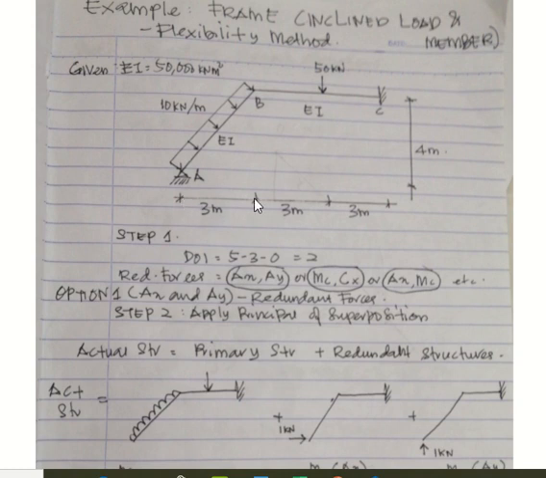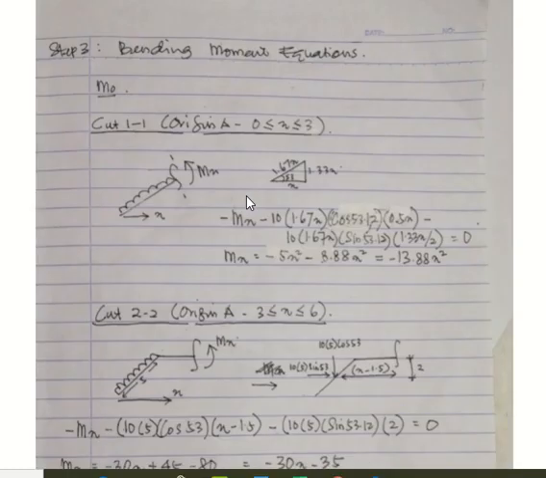You have an option to consider X following the length of AB, but for this solution, I choose X in the horizontal direction, 0 to 3. That's why when you refer to this limit here, I stated 0 to 3, and X you follow the horizontal.